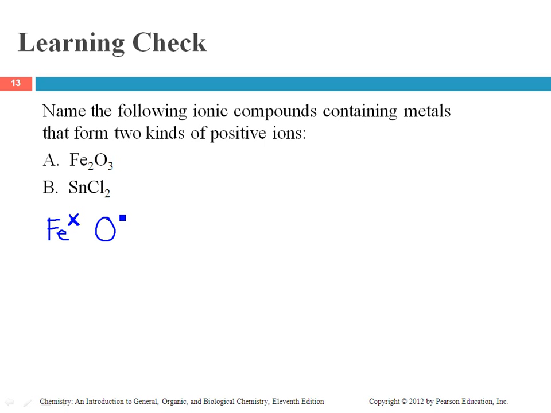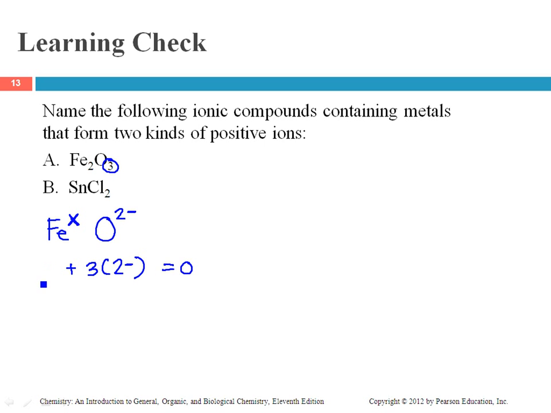Our nonmetal, we know, has a -2 charge because it is in group 6 and it needs 2 electrons to be like the nearest noble gas. If we look at our formula, we have 3 oxygen atoms. We know our total charge for the compound has to equal 0 in order for all of our atoms to be satisfied, all of them to be happy with the electrons in their octets.